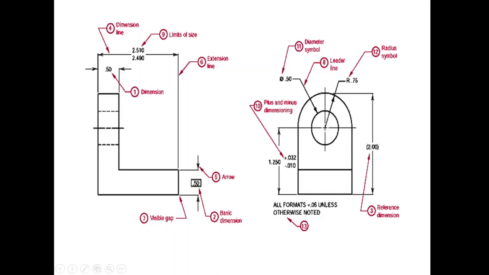Either we can write the dimension names in the middle as seen in the figure, or in this way, or we can write above this line. Then these are the projection lines or the extension lines, or we can draw arrows like this and we can give basic dimension to this. Got it clear?